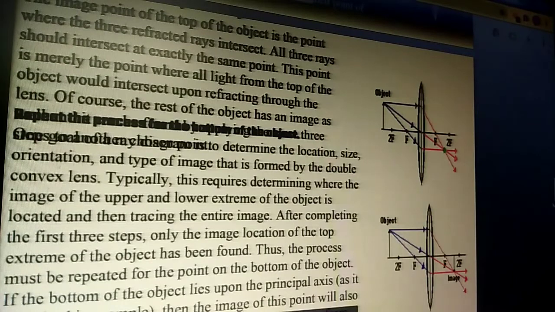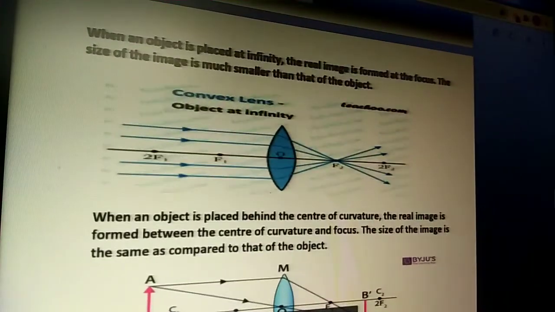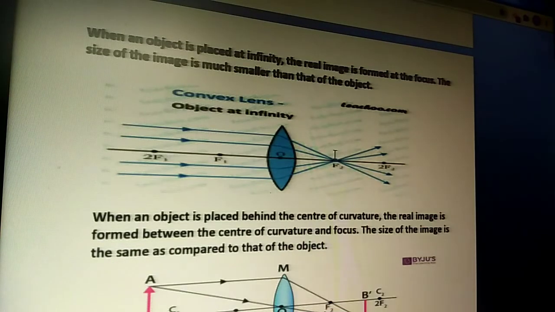So it is the same diagram for the object beyond 2F1: the incident rays, refracted rays, and the image will be smaller than the object, and it is real and inverted, formed between F and 2F. From infinity, they all converge after refraction at a point that is known as the principal focus or focal point.